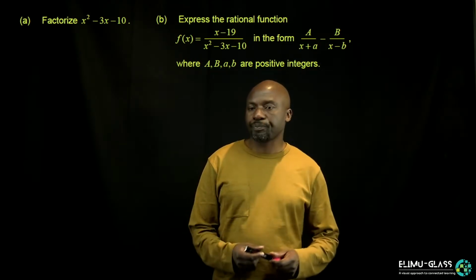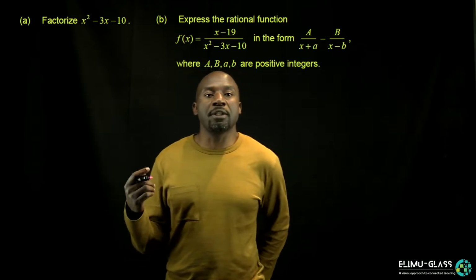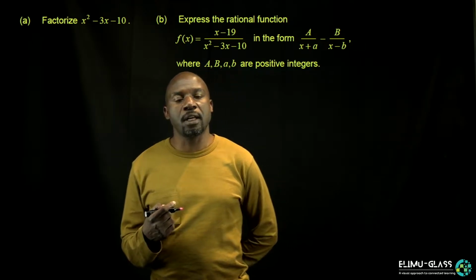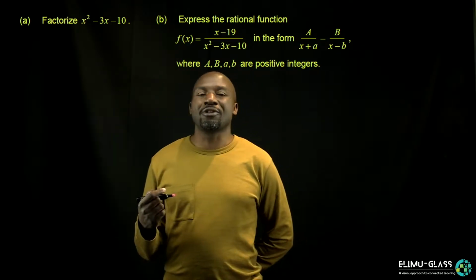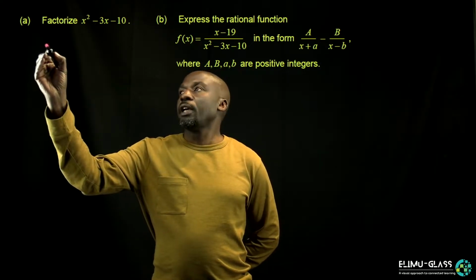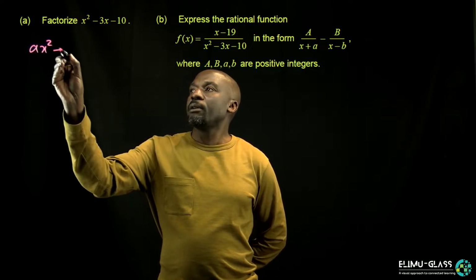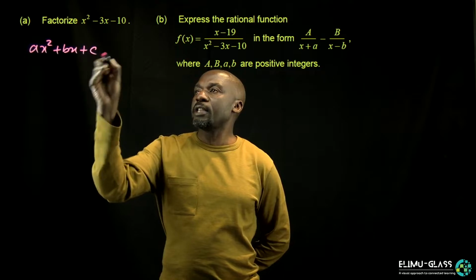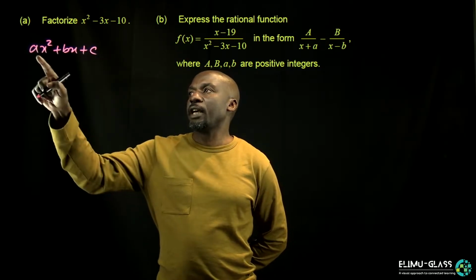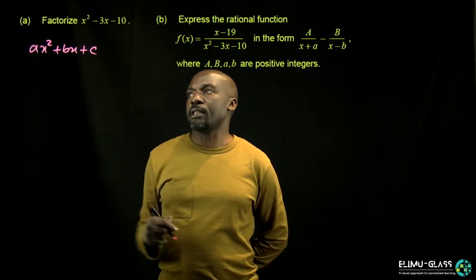So part A, for the sake of a student in MYP4, MYP5, particularly the extended class, who may not have learned how to factorize a quadratic expression, I'm going to go through it. A general quadratic expression is expressed as ax squared plus bx plus c, where a, b, and c are constants. a is the coefficient of x squared, b is called the coefficient of x, and c is the constant.